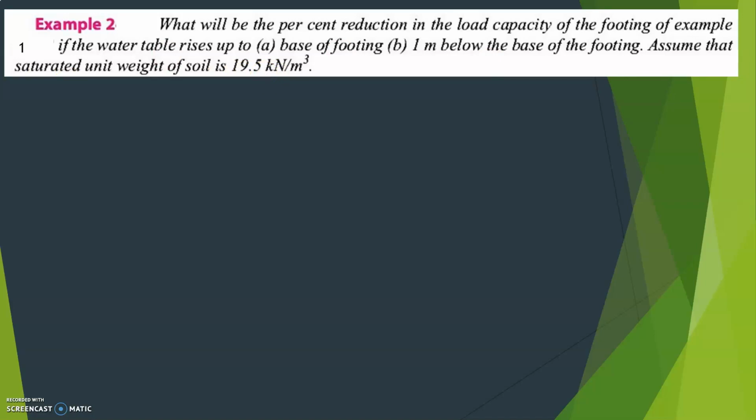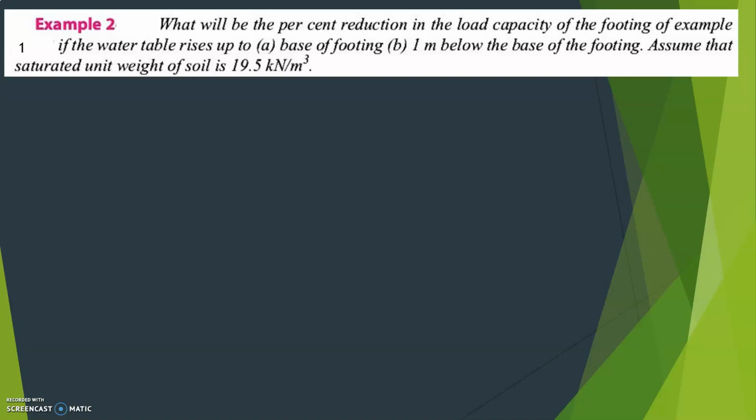In the first problem, there were no water table effects, but here it is asked to find the load bearing capacity or percentage reduction in the load capacity when the water table rises up to the base of the footing, and one more case is when the water table is 1 meter below the base of the footing. So two different cases are there.